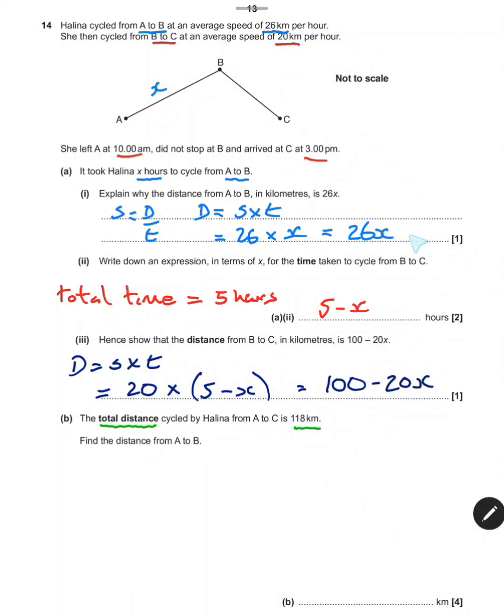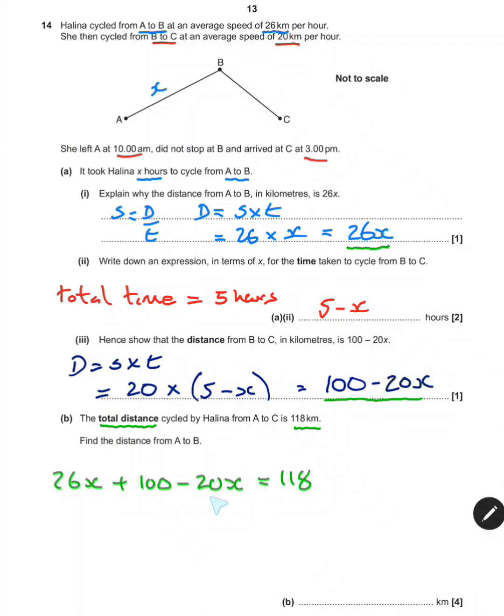Final part of this question, we're told that the total distance is 118. Well, in part 1, we got the distance from A to B. And in part 3, we got the distance from B to C. So these two here are also the total distance. So we've got 26x added to 100, take 20x, and that comes to this 118. We've now got an equation we can solve to work out what x is.